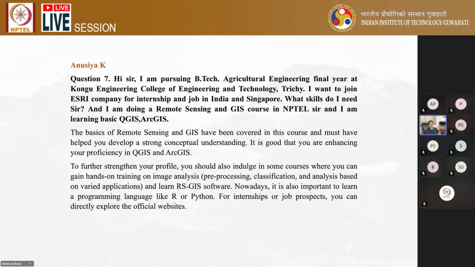And moreover, nowadays, in many of the industry or many of the research, we don't refer to the paid or the commercial softwares, right? So nowadays we are more into the programming, we develop our own methods, or even if it is an existing method, you can implement that using R or Python.